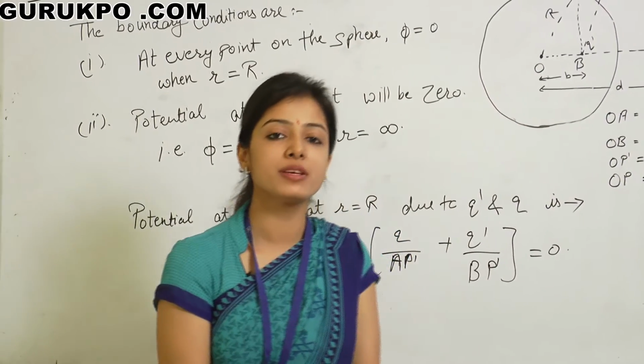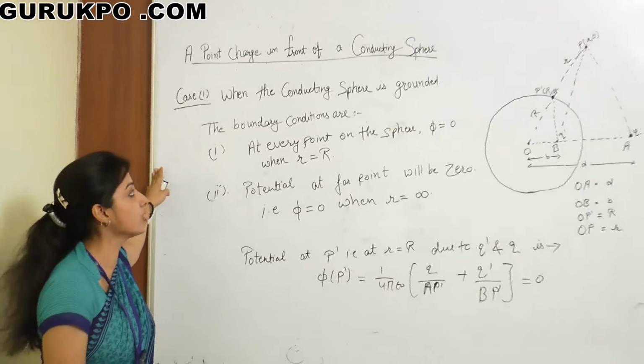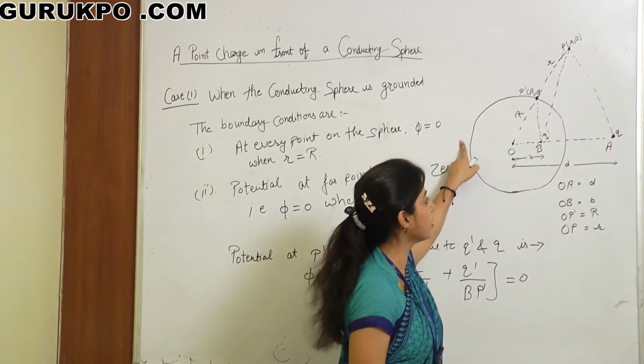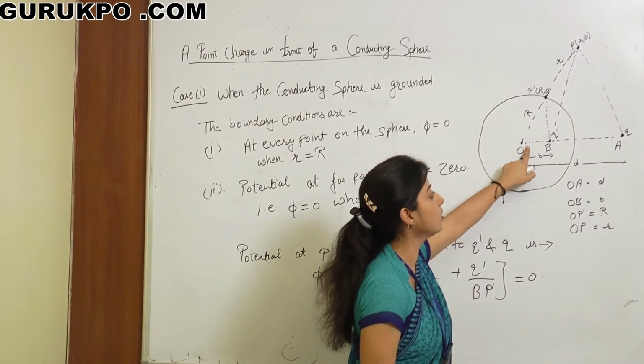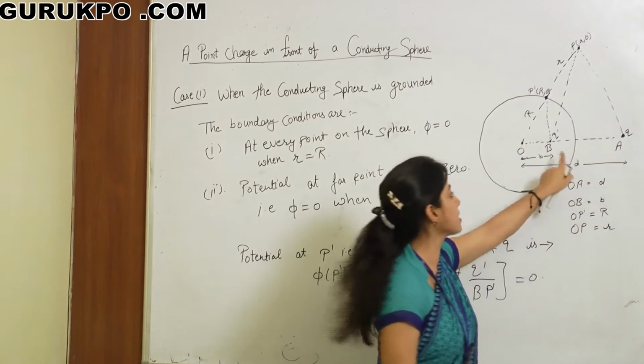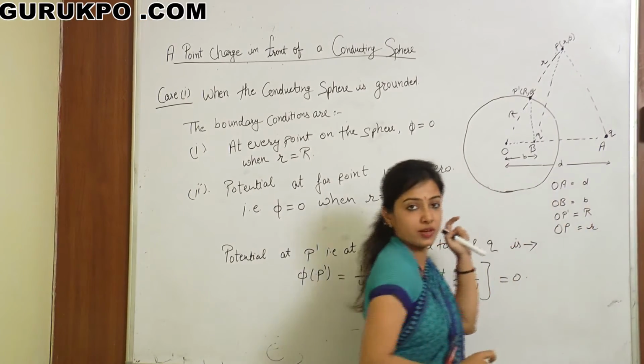Here my topic is on a point charge in front of a conducting sphere. Here we have considered a conducting sphere with center O and a point charge +Q placed at a distance D from the center of the sphere.